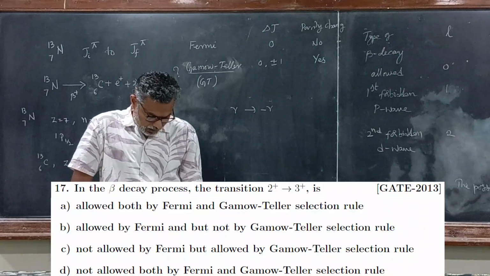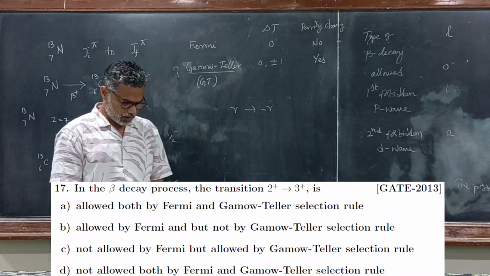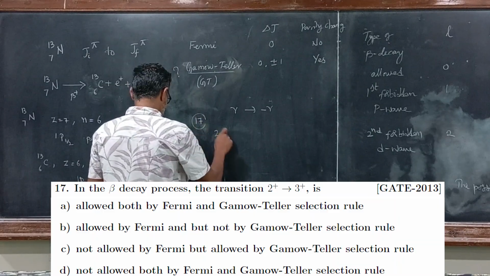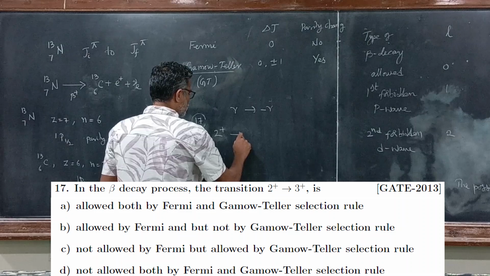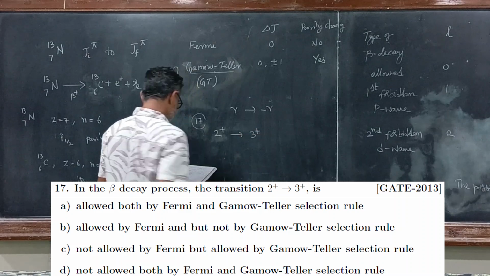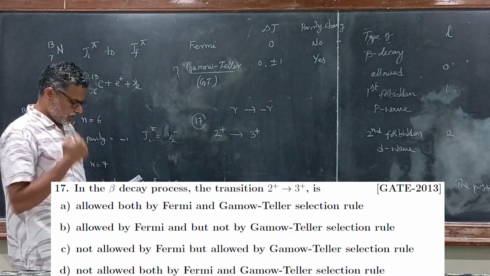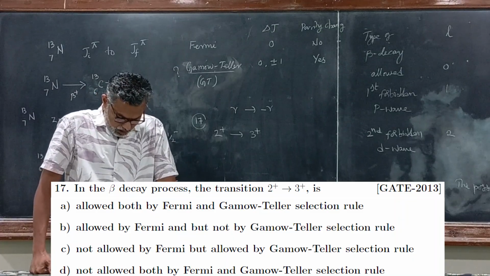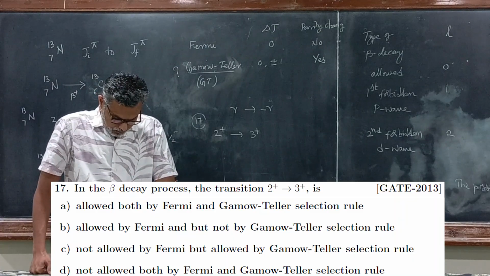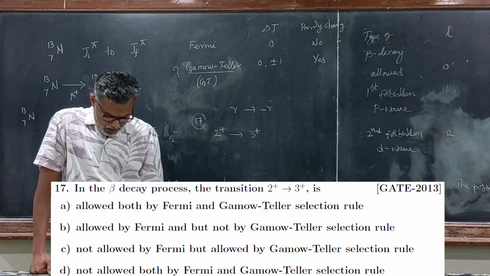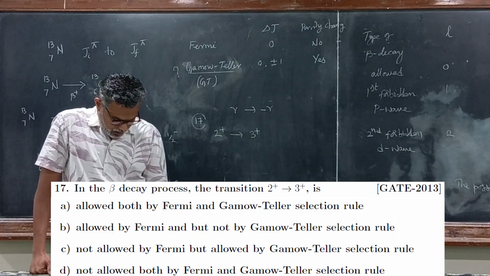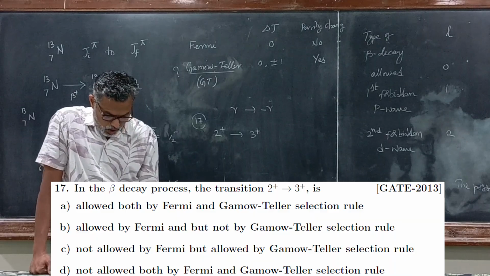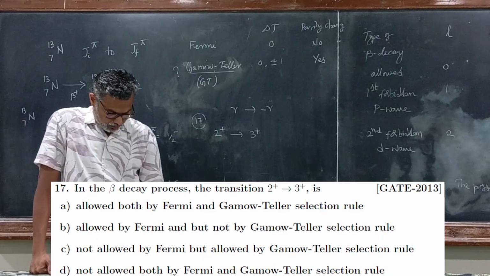Let's say in the beta decay process, a transition, the 17th problem: 2 plus goes to 3 plus. Option A, allowed by both Fermi and Gamow Teller selection rules. Option B, allowed Fermi transition but not GT selection rule.